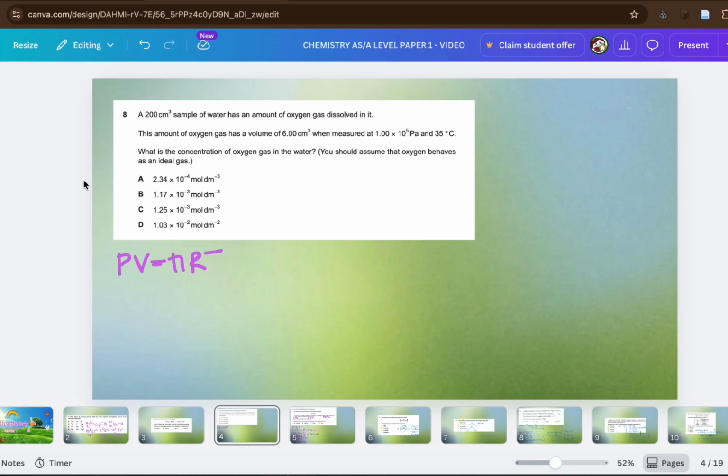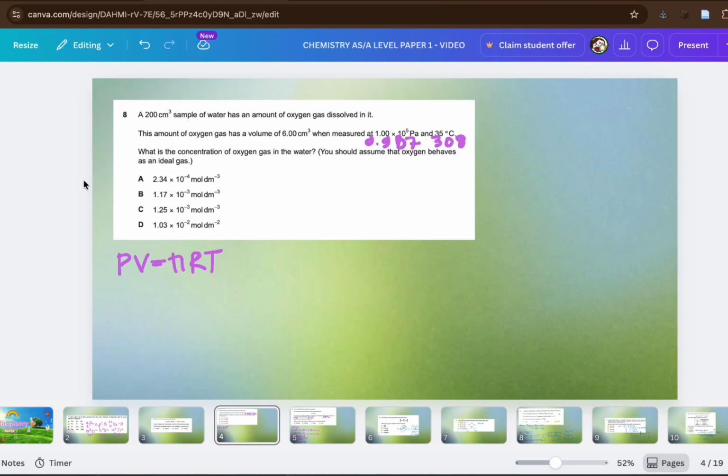Before we do that, we have to convert the units. 35 degrees Celsius plus 273 is 308 Kelvin. Next, we convert the pascals into ATM, which is 0.987 ATM.